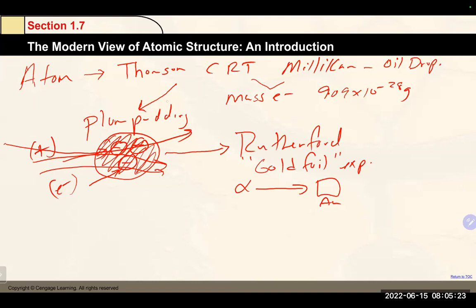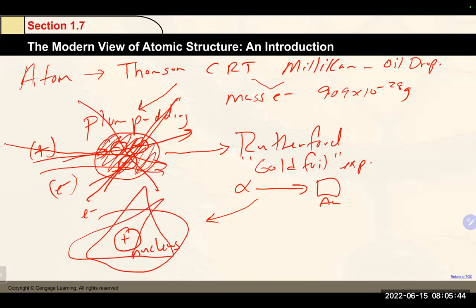So they had to revisit this model of the atom and say, not so correct here, and come up with the modern version of the atom, where we have in the center a very dense positive core, which is our nucleus. Most of the atom is empty space, and that is where we find our electrons randomly moving about the nucleus. Most of the mass of the atom is made up of the nucleus, which has protons and neutrons in it.